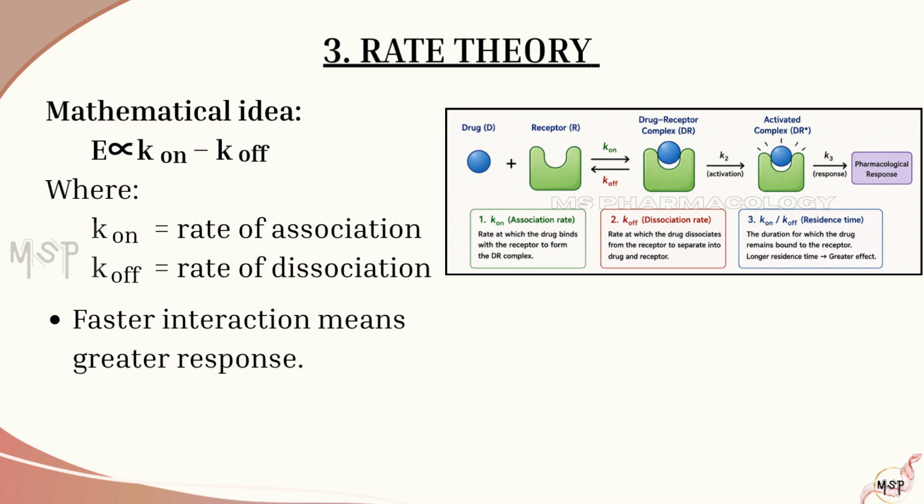This idea can be represented as effect, E, is proportional to the rate of association minus the rate of dissociation. According to this theory, rapid interaction between the drug and receptor produces greater stimulation. So, the faster the drug repeatedly binds and unbinds, the stronger the response is expected to be.